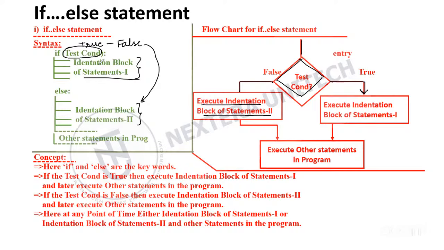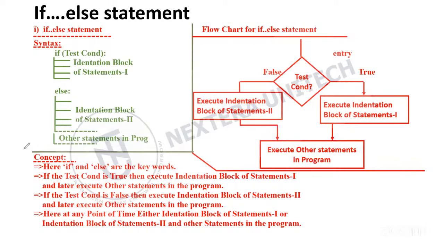After executing only one block of code, it will move on to the other statements in the program. If it is true, it will execute block 1 and then move on to other statements. Otherwise, if it is false, it will execute block of code 2 and then the other statements in the program. So this is how if-else statements work.